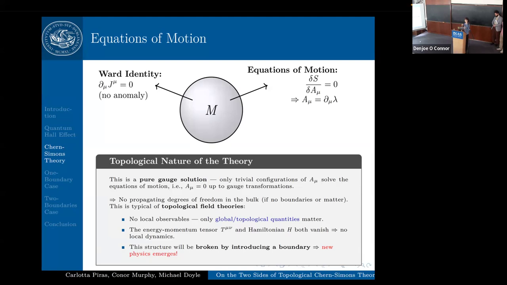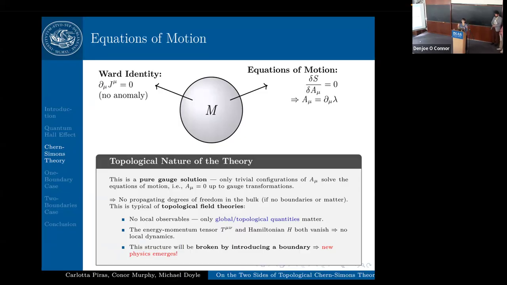So there is no physical field propagating through space, which is a typical feature of topological field theories. So all the physical properties here are global and non-local, and they depend only on the geometry or the topology of the manifold. Another way to say that is that the energy momentum tensor and the Hamiltonian both vanish.